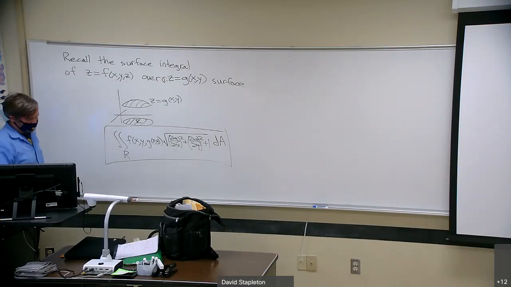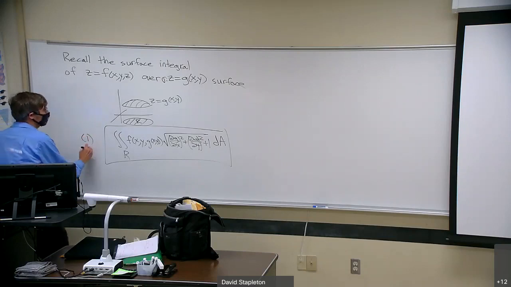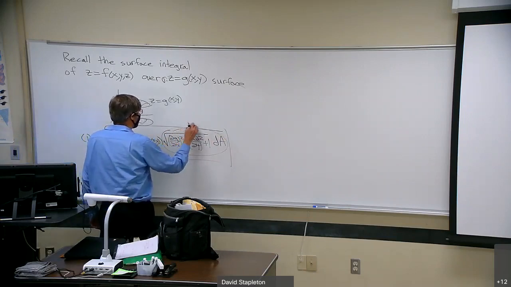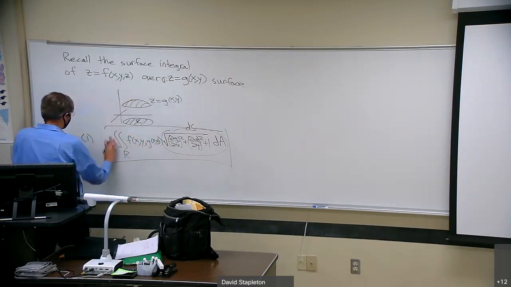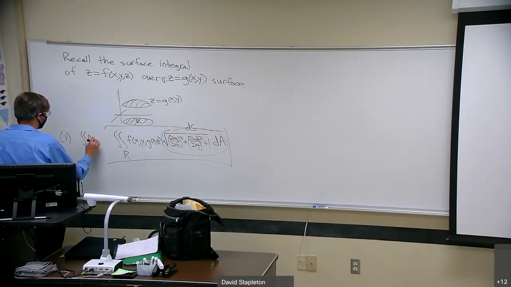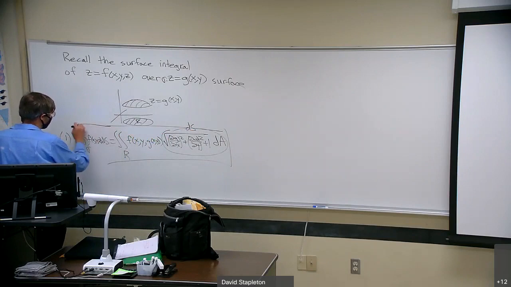We can do an example of that here, our equation 1. And so you're thinking of this as dS, and you can write this then for brief notation as the double integral over the surface sigma of f of x, y, z dS has this evaluation scheme.